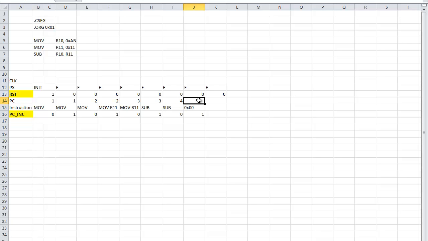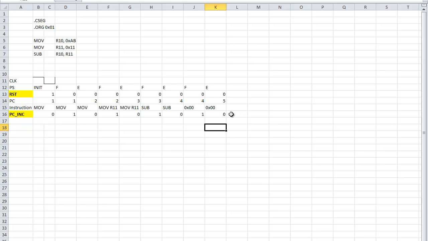The PC remains the same because I did not increment it. And then I'm going to go ahead and increment the PC because PC inc is 1 in the fetch state. And there's nothing there at address 4, so this remains 0. And 0 for the increment.